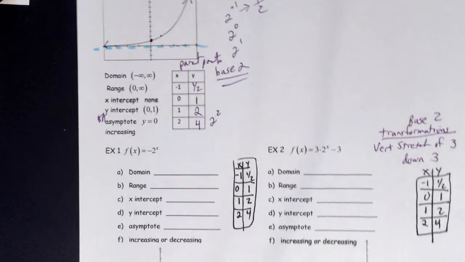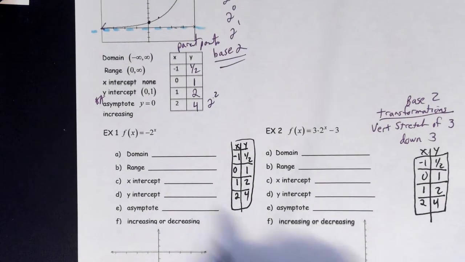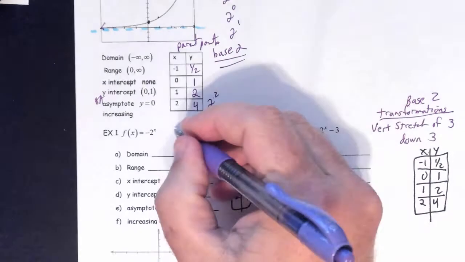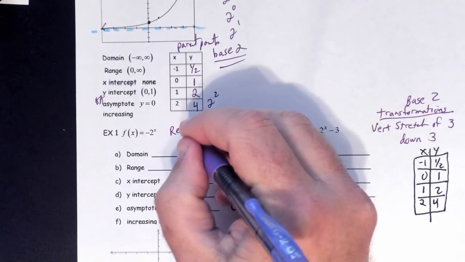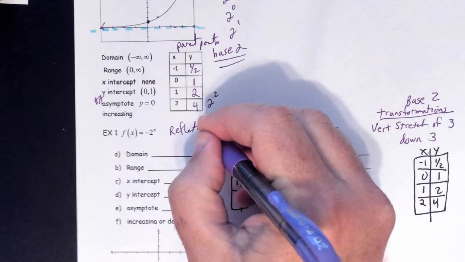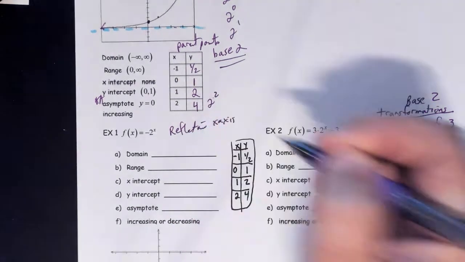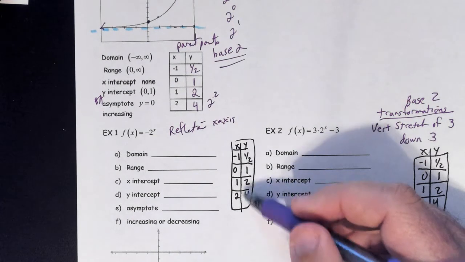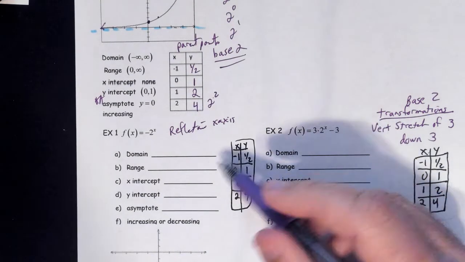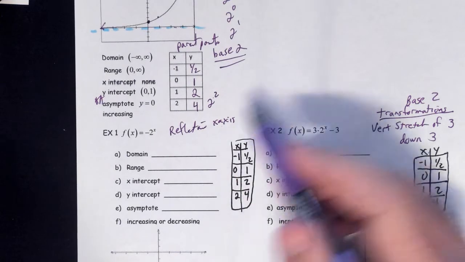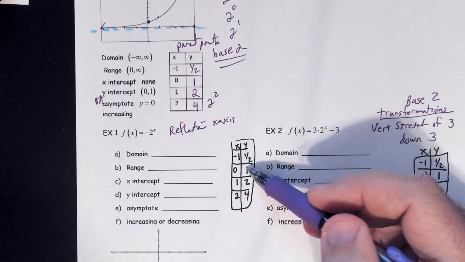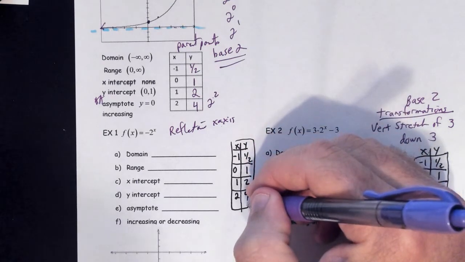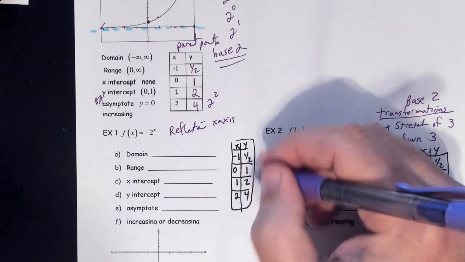So what happens when I have a transformation? Well, if I have a negative number out in front, that transformation is going to be a reflection over the x-axis. Now, here are my parent points again. You can stop the video real quick if you want to copy them down. Reflection over the x-axis affects the y, correct? So it's going to make all our y values negative.